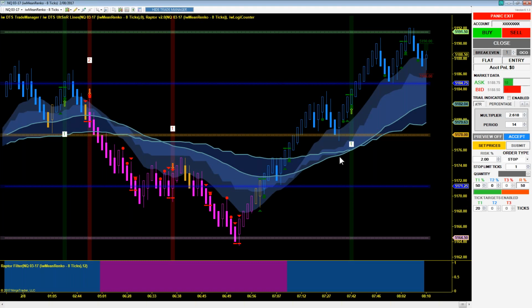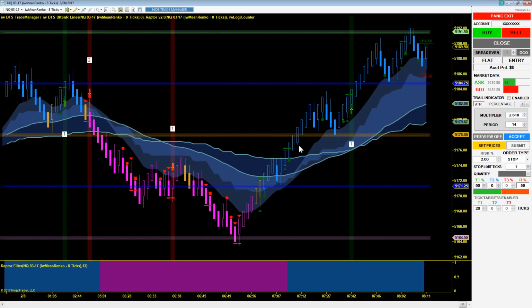So this tool that you have right here has scalp, swing trading, and trend trading signal parameters all built into one trading system. The Raptor bars print blue or magenta, depending on whether the market has a more bullish or bearish bias. And yes, if you don't like the blue and the pink, you can change the colors.